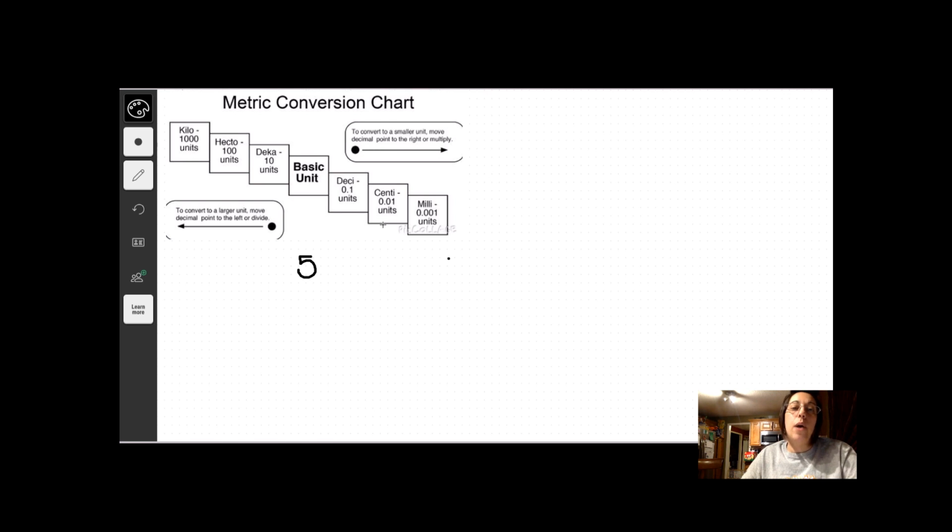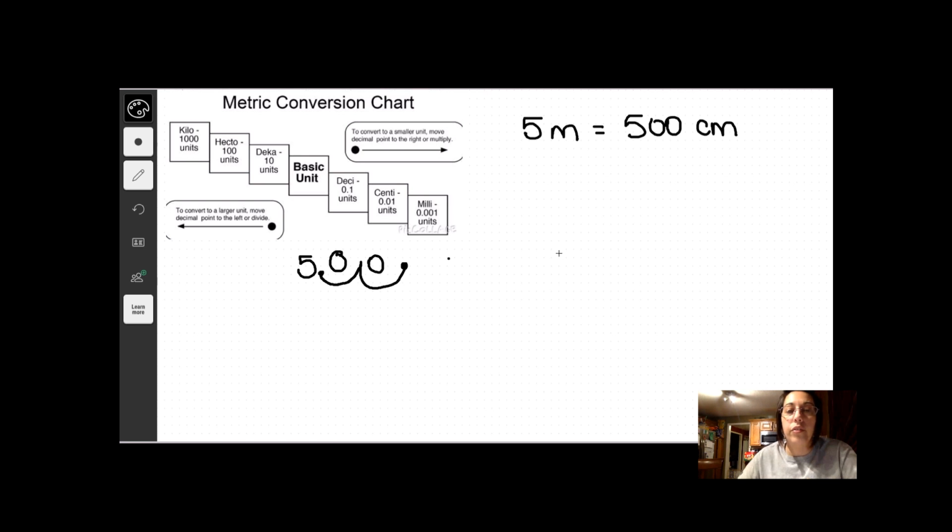If we want to know how many centimeters that would be, we put our decimal back in. We're at 5 meters. We multiply by 10 to get to decimeters. Multiply by 10 again to get to centimeters. Fill our holes with zeros, and that would be 500 centimeters. So 5 meters equals 500 centimeters.